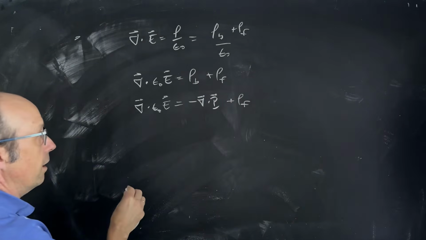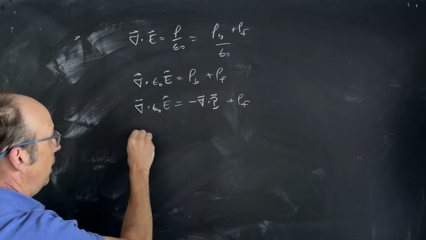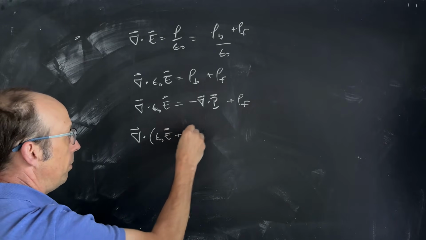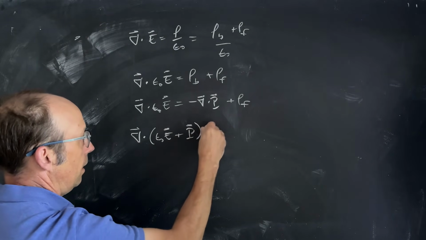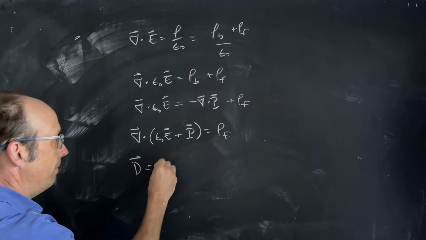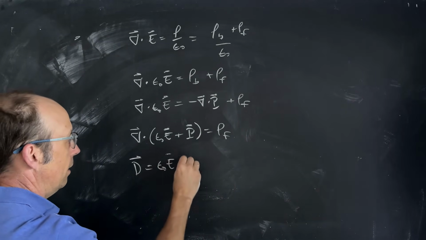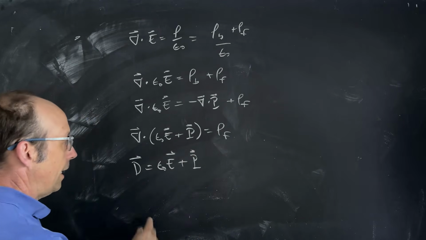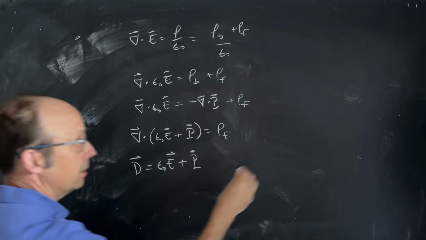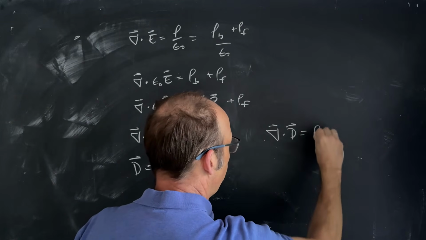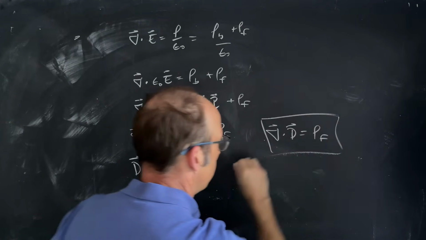If I move that to the other side, I get the following. Del dot epsilon naught E plus P equals rho free. And we define D as epsilon naught E plus P. So in that case, Gauss's law says del dot D is rho free.